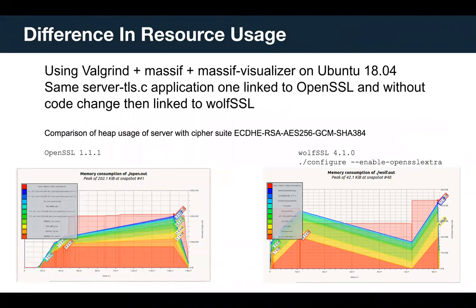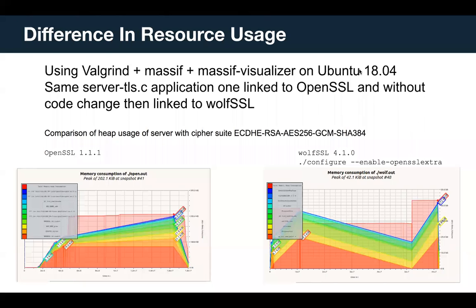This slide highlights the difference in heap used with default builds for each of the libraries. To collect the heap usage, I built the application on Ubuntu 18.04 and used Valgrind's Massif tool.